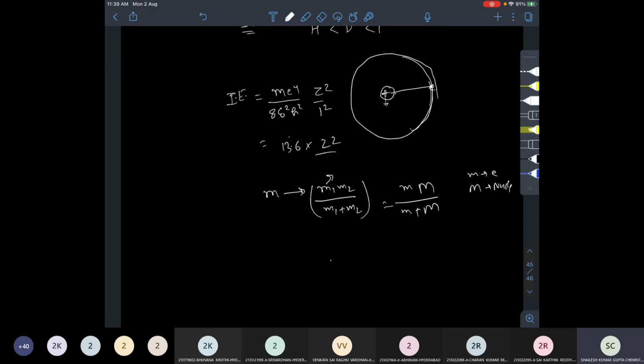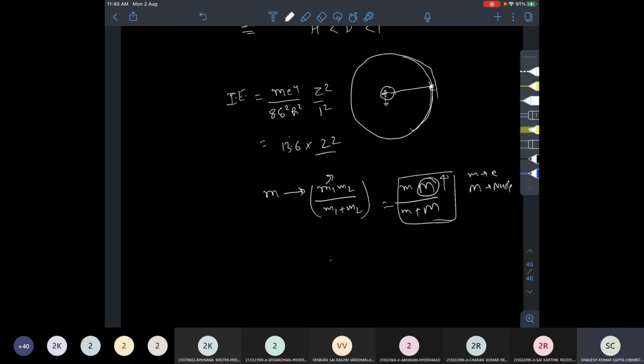Now if you increase the mass of the nucleus, in what way is it going to affect this? If you increase capital M, this whole value will increase, isn't it?